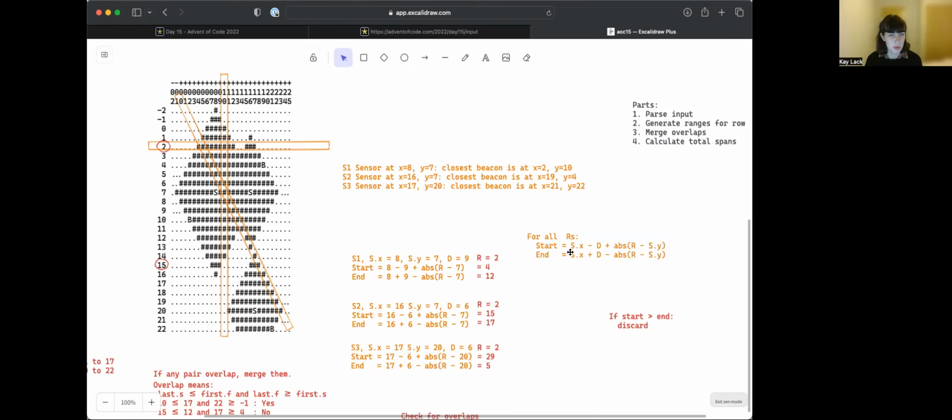Then the start point is the x coordinate of the sensor minus the distance between the beacon and its sensor, plus the absolute value of the row we're looking at minus the y coordinate. So what this essentially amounts to is taking the x value, which is, let's look at row 2.